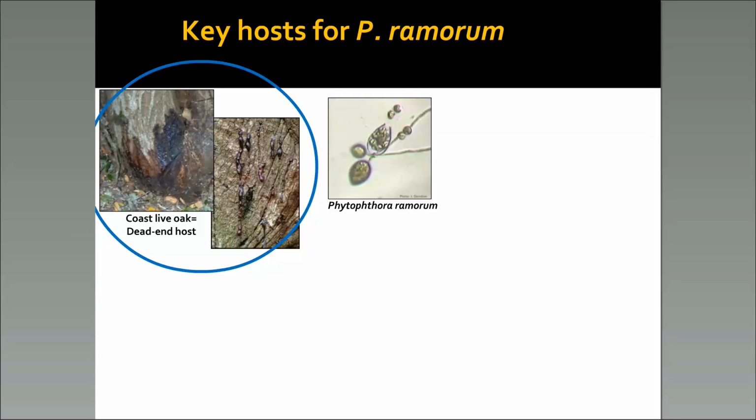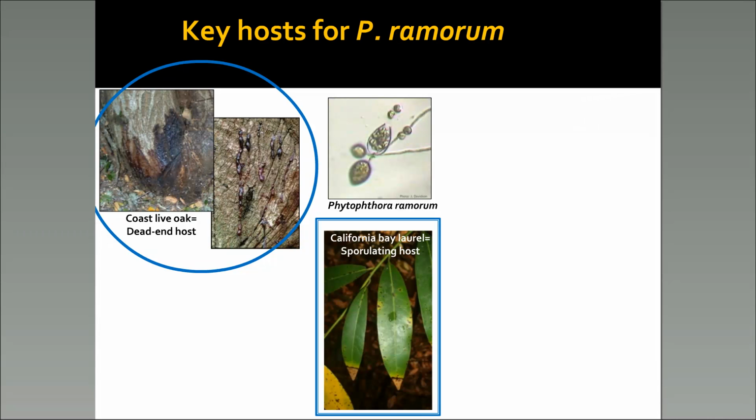This pathogen kills coast live oak. It causes bleeding stem cankers, which eventually girdle the tree and kill it. It's important to note that this host is a dead-end host. The pathogen can't sporulate from it. So the pathogen kills these trees, but it's not using them to reproduce and spread to other trees.